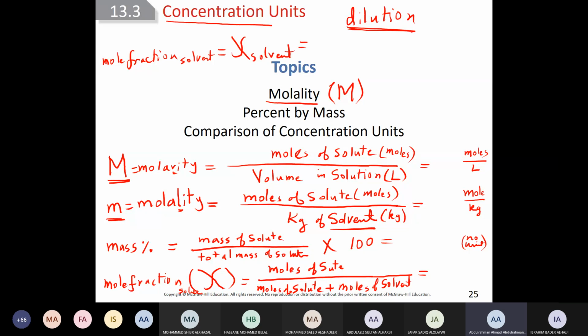What does it equal to? Moles of solvent divided by what? Moles of solute plus moles of solvent.